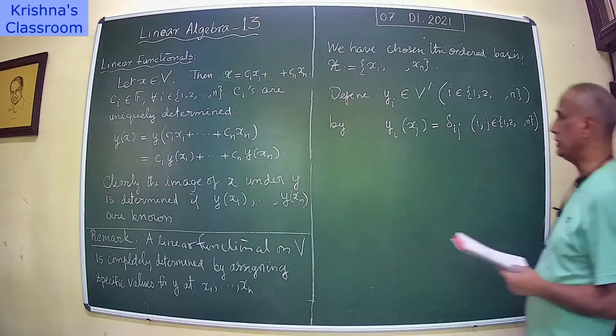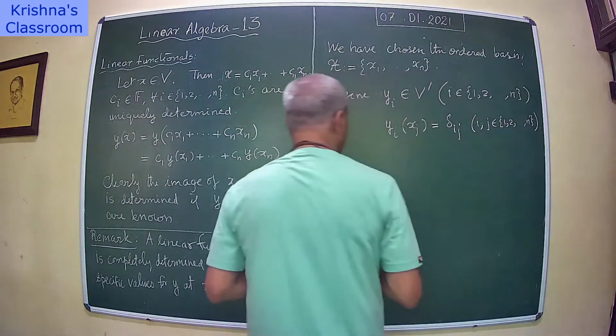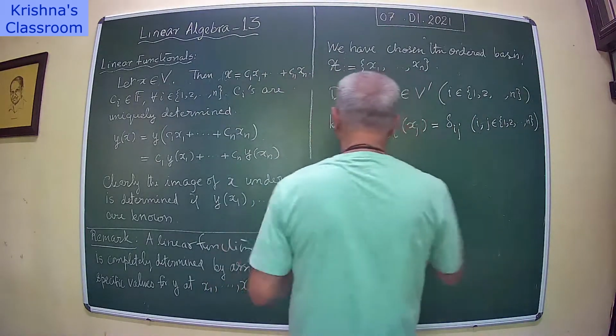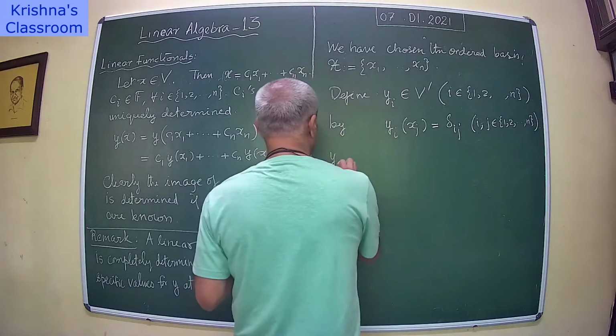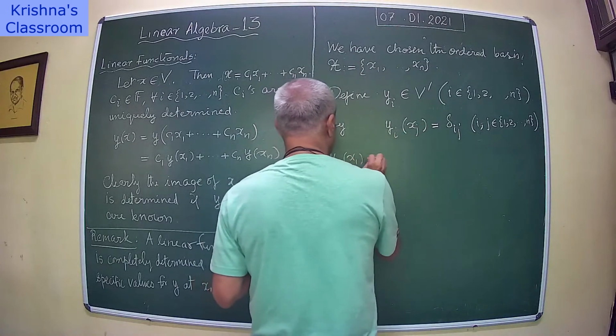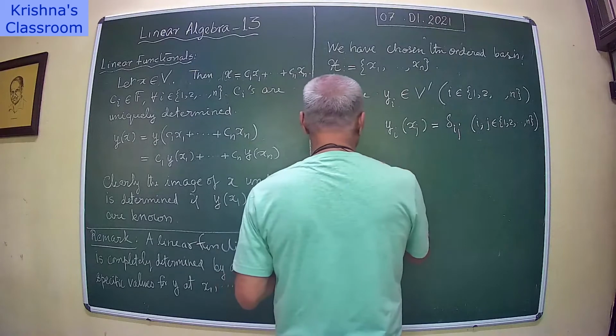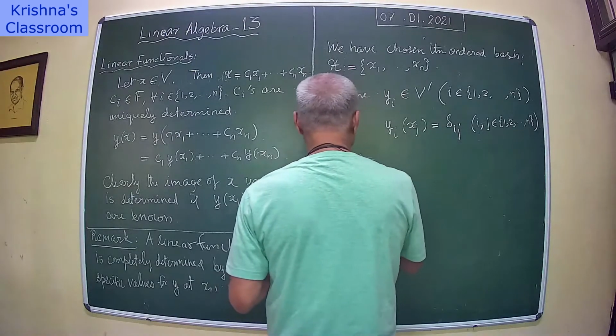In particular, you look at yi. What is the definition of yi? yi at x1 equal to delta i1.